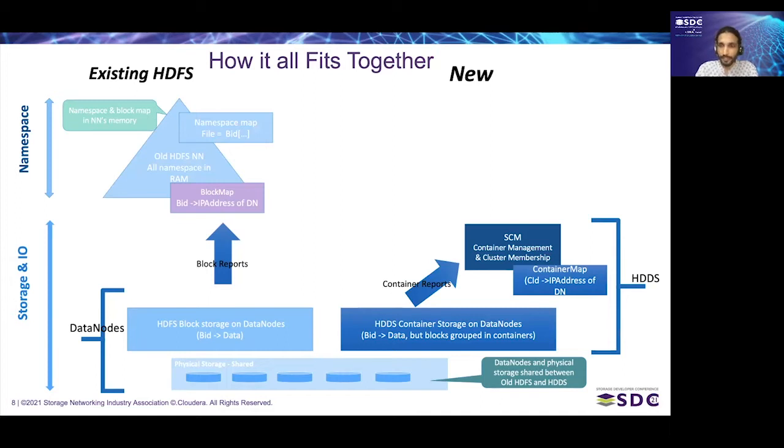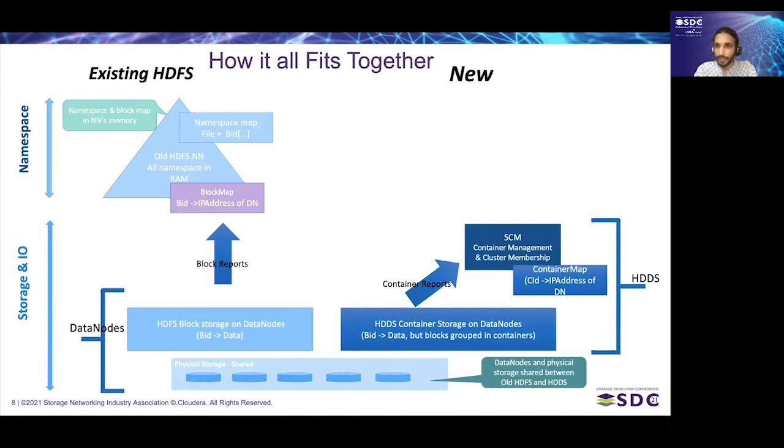The data nodes are similar to HDFS data nodes. They still manage the disk and the storage physical host. But instead of managing the actual blocks, they are now managing the containers. The number of entities due to this container abstraction reduces by a factor of 10 or 100x for data nodes as well as SCM.